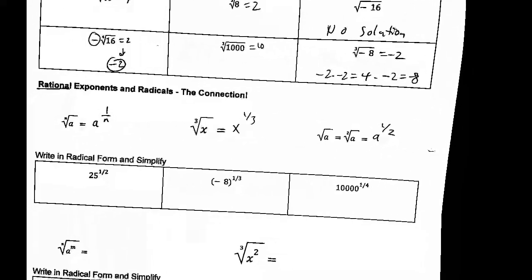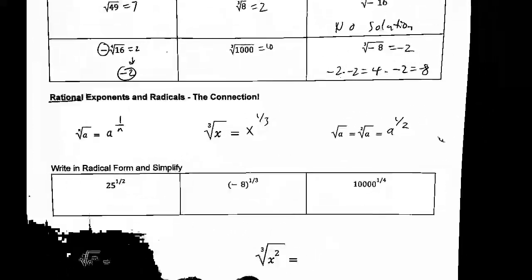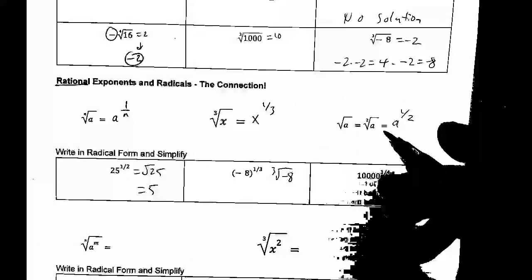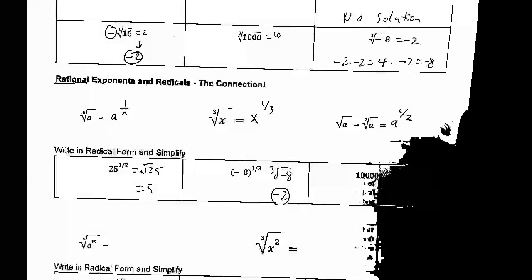These are all the same thing. So 25 to the 1/2 is really the square root of 25, and that's really 5. Negative 8 to the 1/3 is really the cube root of negative 8, which above we said was negative 2. And 10,000 to the 1/4 is the 4th root of 10,000, and that's 10.